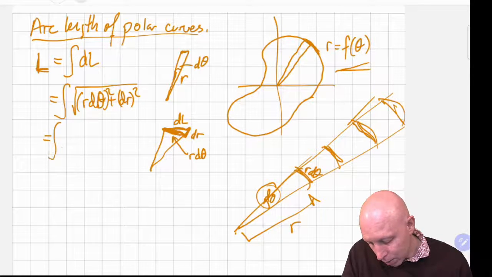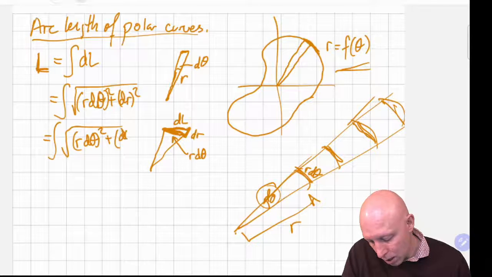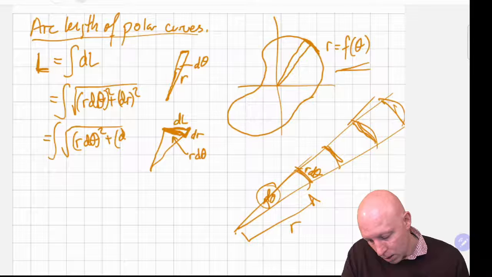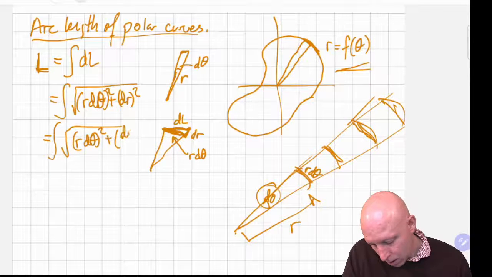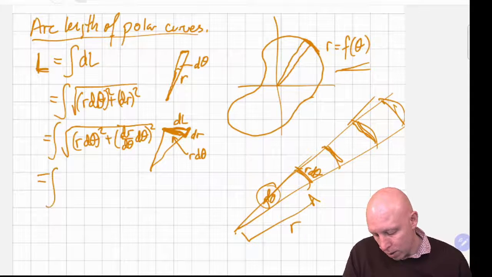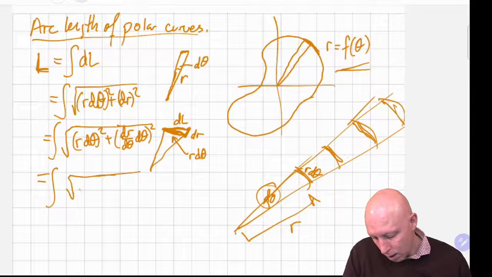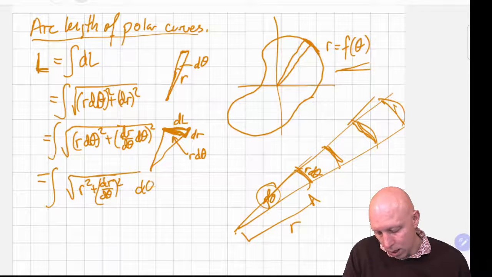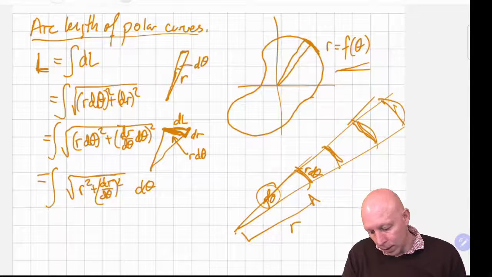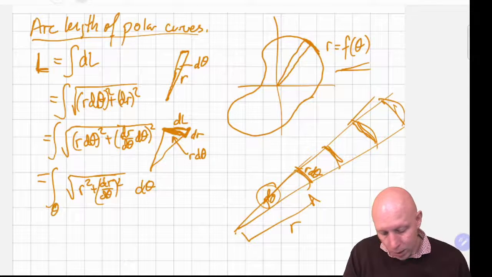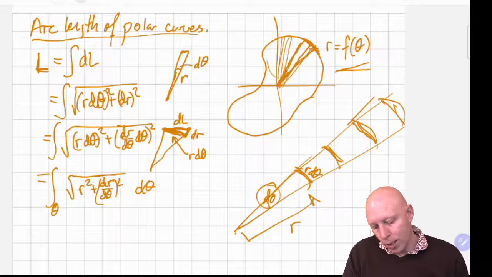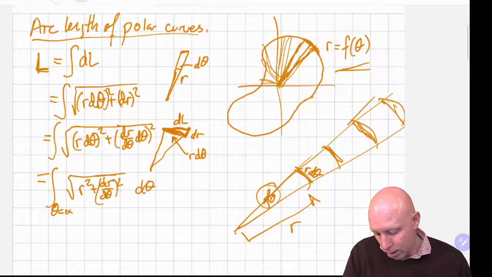We get the integral of the square root of r squared plus dr d theta squared, d theta, where our integral goes from the place where we start chopping to where we stop chopping, theta equals alpha to theta equals beta.